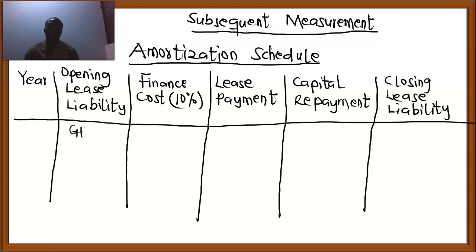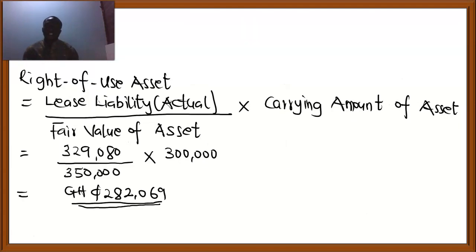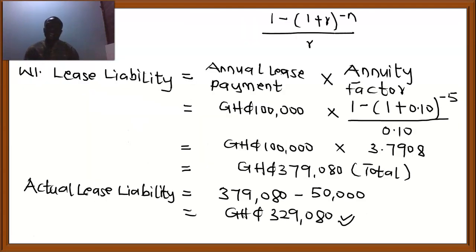So we have our Ghana cedi, our currency sign here. The transaction took place in 2018, so we are starting with 2018. The opening lease liability is the actual lease liability we calculated here.